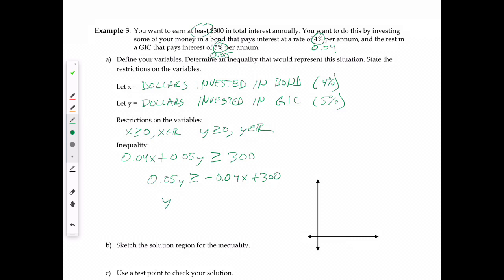And then when I divide everything by 0.05, y has to be greater than or equal to, let's do this as a reduced fraction, negative 4/5 x plus 6,000. I can already tell when I'm graphing this out, if the y-intercept is going to be 6,000, I'm looking at big numbers. So I'm going to have to drastically change my window settings in my calculator in order to make this fit.